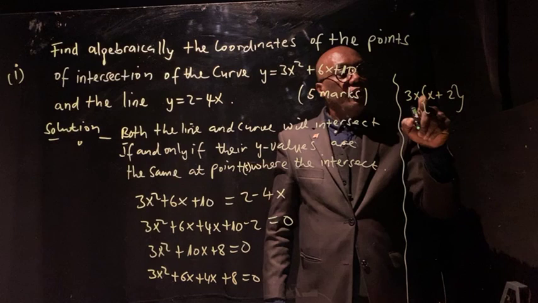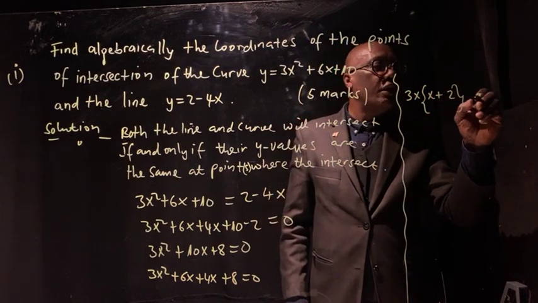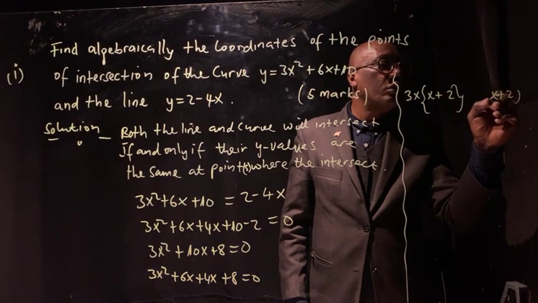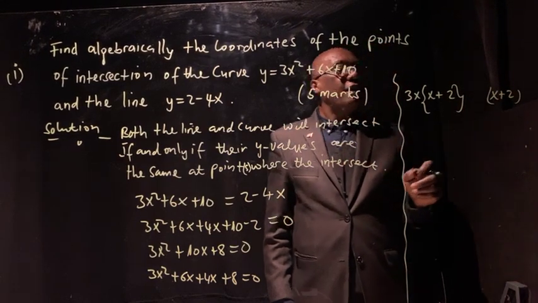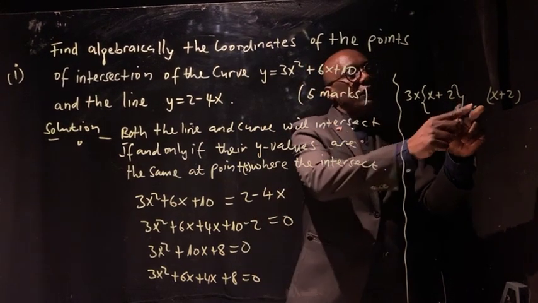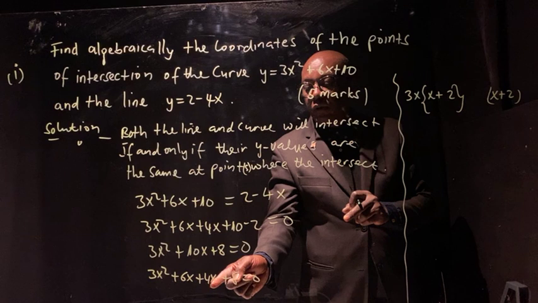Now, this one that we have here, we will write the same thing over here, x plus 2. Then we find a factor that if we put it in front of here, it can be identical to plus 4x and plus 8.